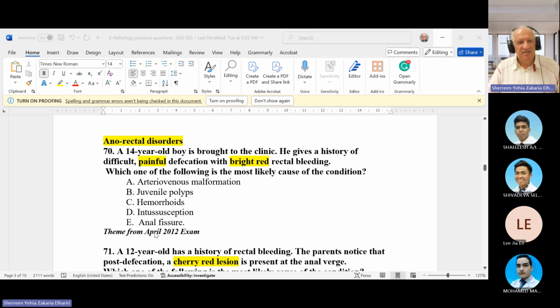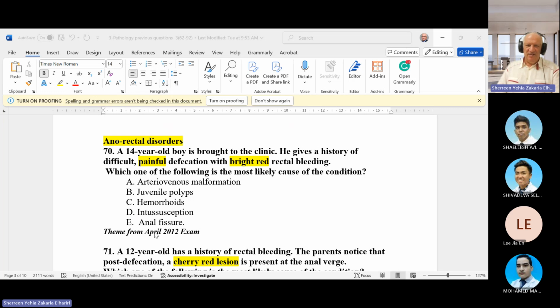All right, simple question. A 14-year-old boy is brought to the clinic. He gave a history of difficult, painful defecation with bright red rectal bleeding. So painful, so it is not a cancer. Young patient, 14 years. Bright red means that it is from the anus. Rectal bleeding. So what is this?